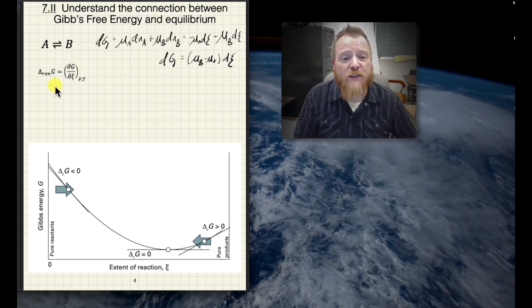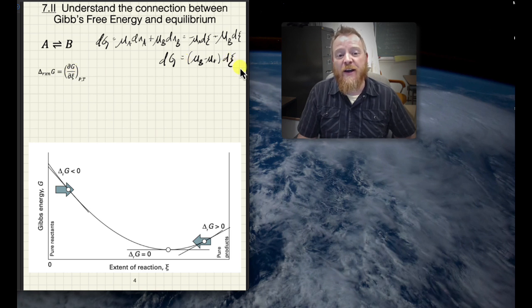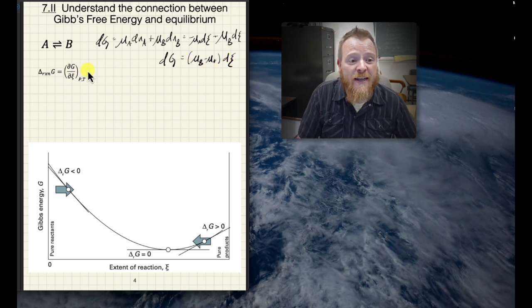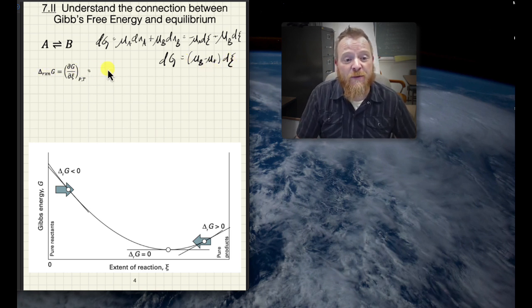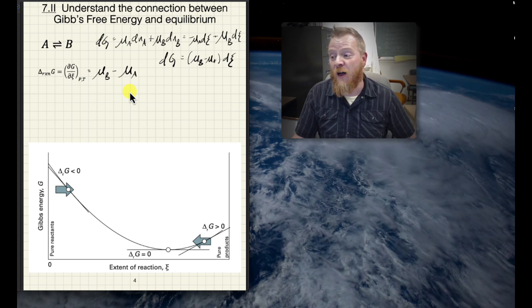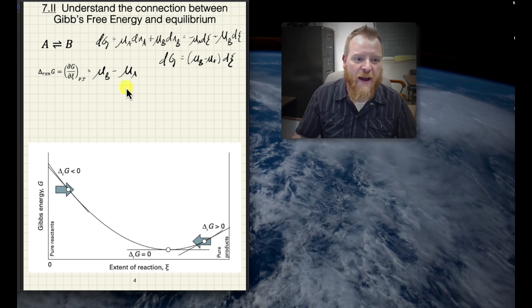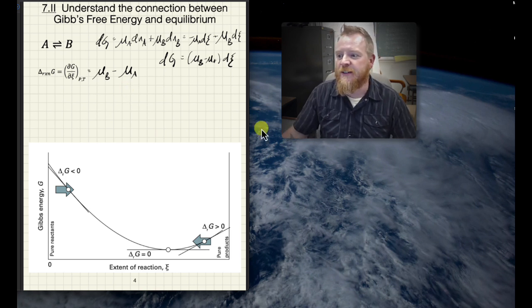And now noting this partial derivative over here, if I divide both sides by dξ, then I can see the delta G of a reaction is simply the chemical potential of the products minus the chemical potential of the reactants, which we have established in previous discussions.